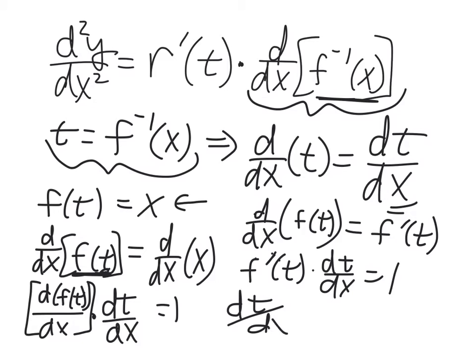Solving for dt by dx, divide both sides by f primed of t. dt by dx is going to be 1 over f primed of t.